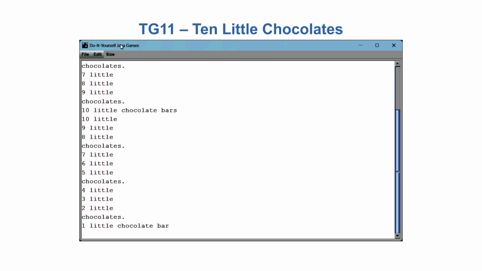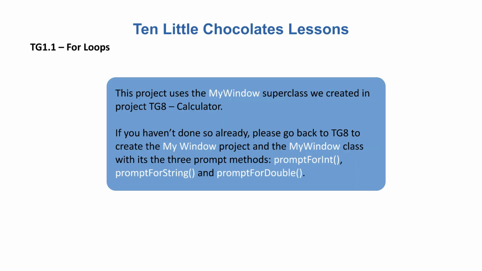In this project, we'll write the words to a more socially acceptable version of an old children's song that teaches counting from 1 to 10, then backwards again, like this. This is lesson TG11.1, where you'll learn to program for loops. This project uses the MyWindow superclass created in Project TG8 Calculator.